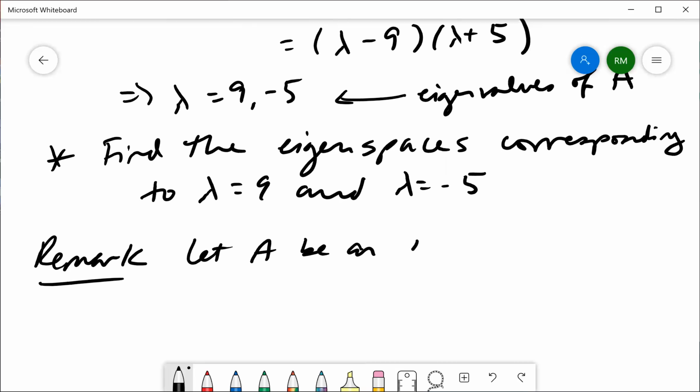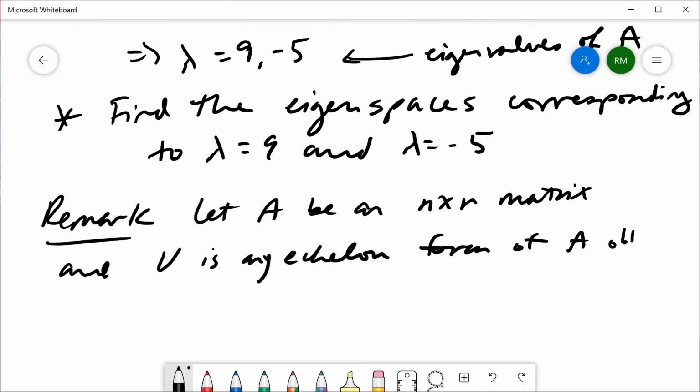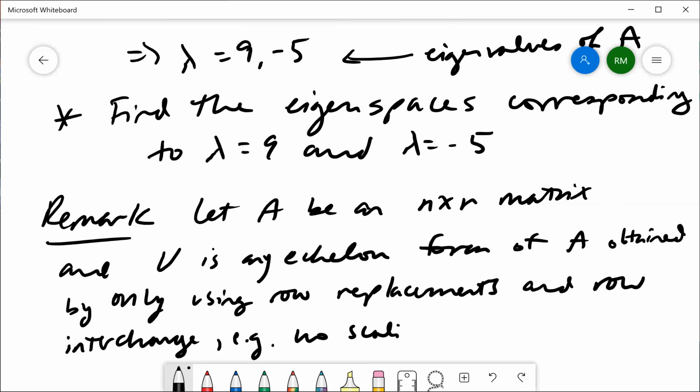Suppose A is an n by n matrix, and U is any echelon form of A obtained by only using row replacements and row interchange. That is, no scaling allowed.